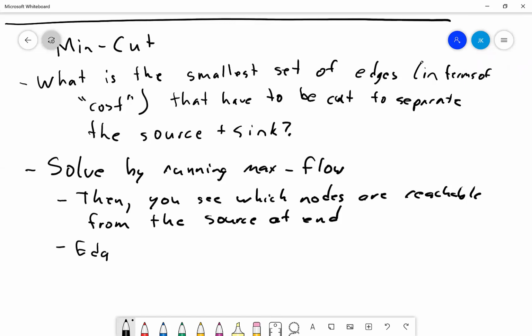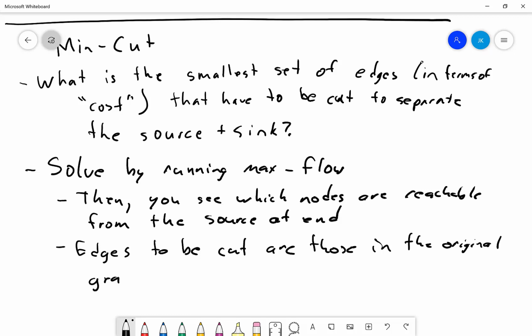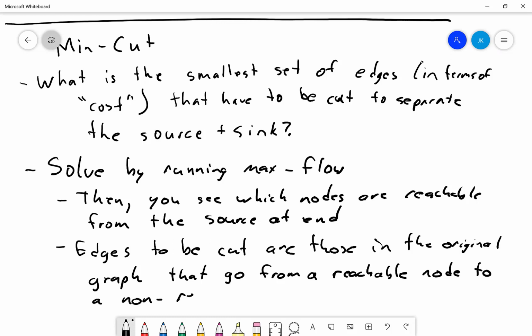And so at the end, then, the edges to be cut are those in the original graph. You need to keep the original graph around. That go from a reachable node to a non-reachable node.